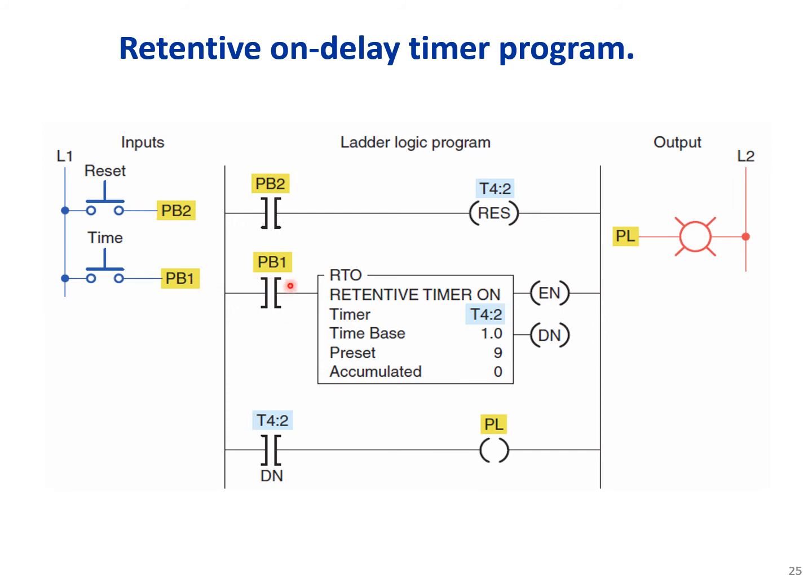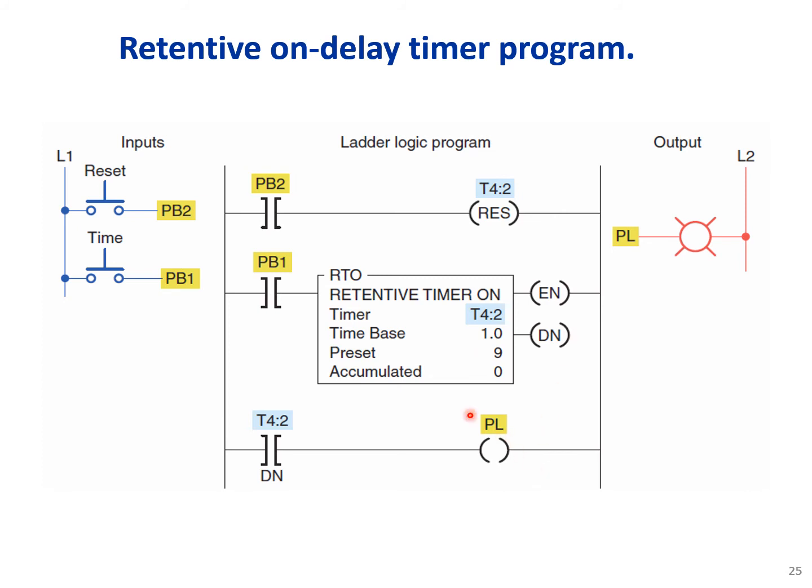Once we press push button 1, the retentive timer will start. What is the preset time value? It is 9 seconds. If I release this push button 1, the accumulated time will be frozen and the down bit will stay true.